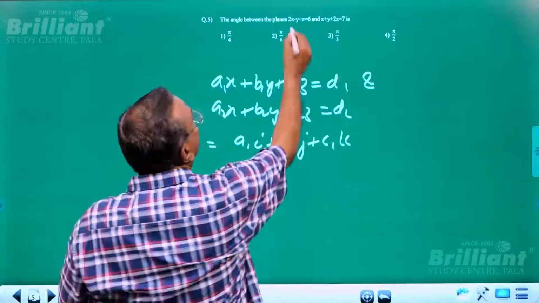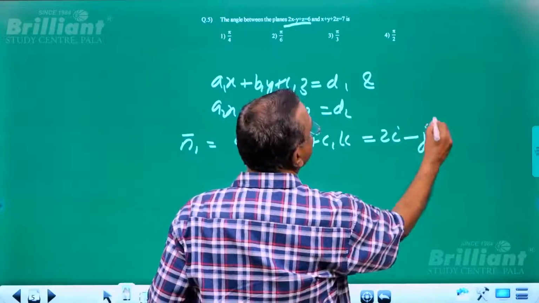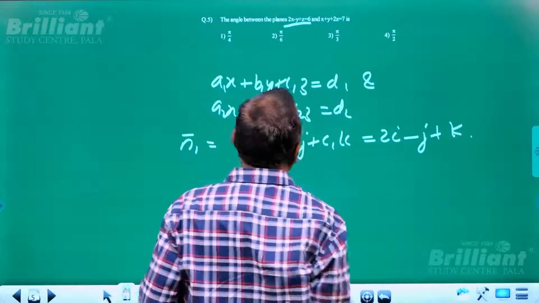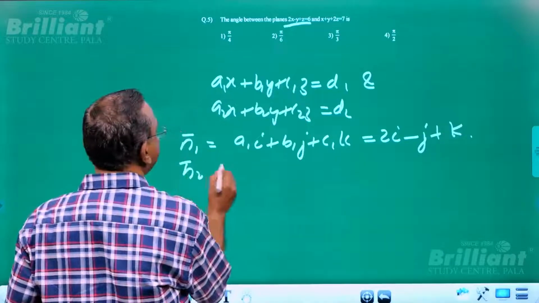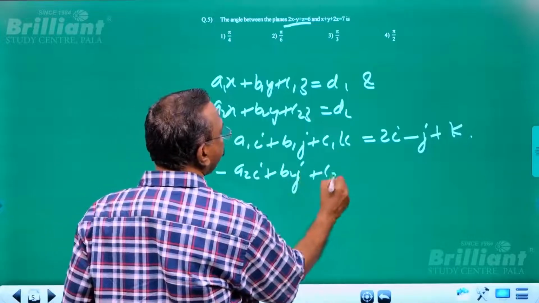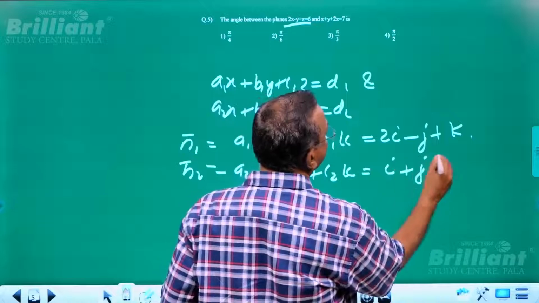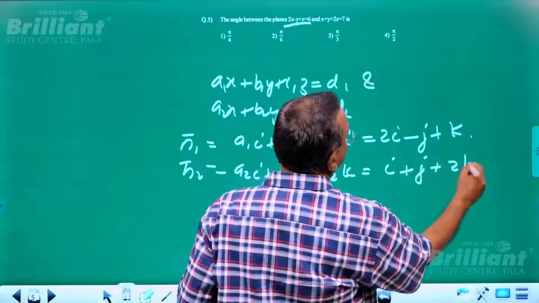Here it is n1 bar, this equation has 2i minus j plus k. And n2 bar is equal to a2i plus b2j plus c2k. Here it is equal to i plus j plus 2k.